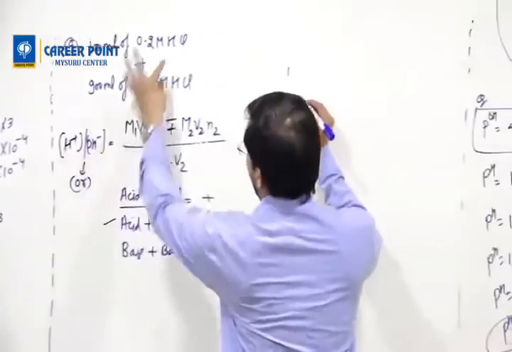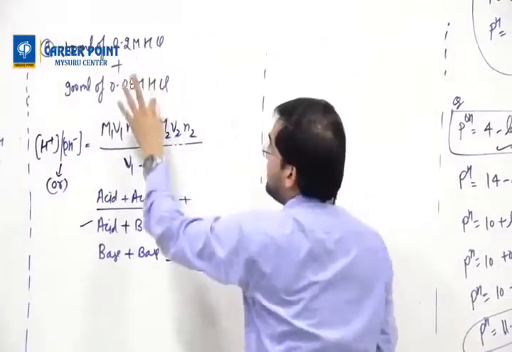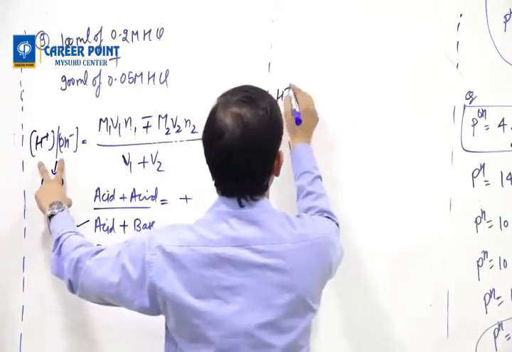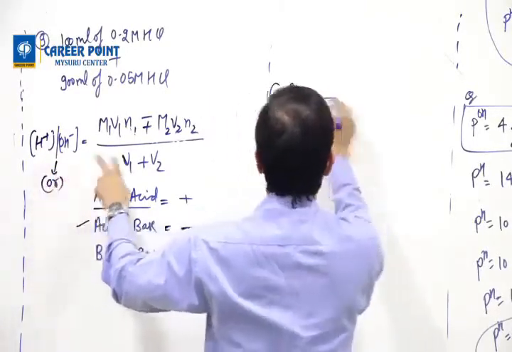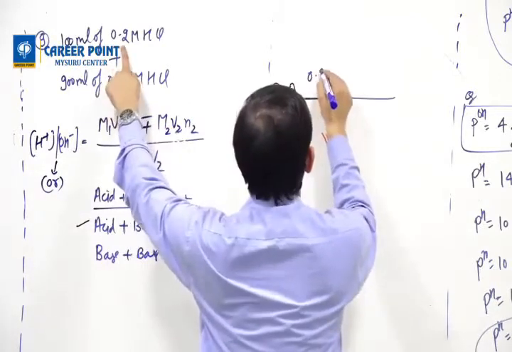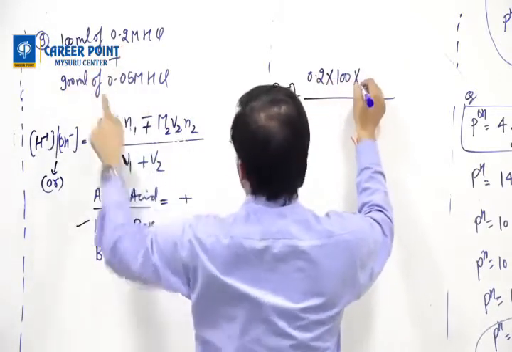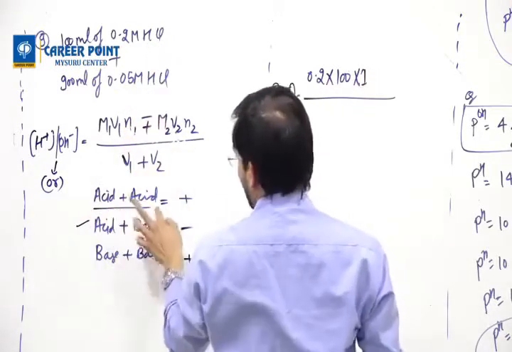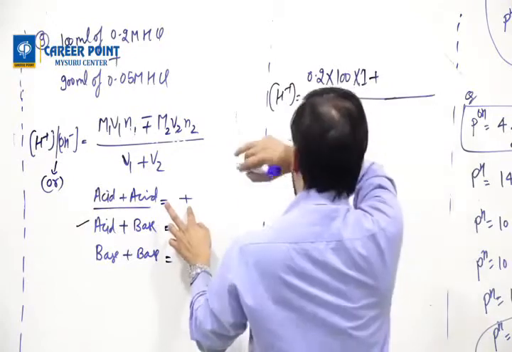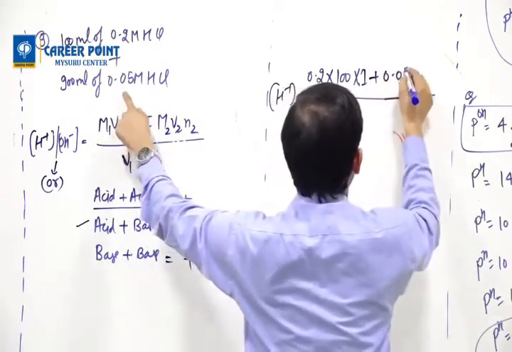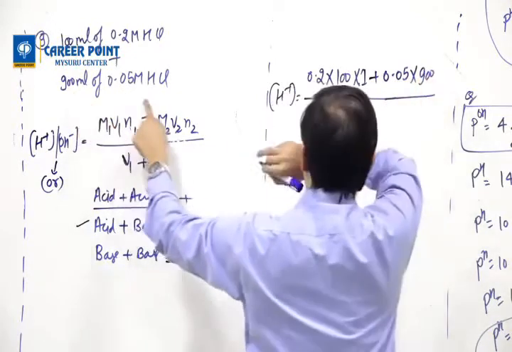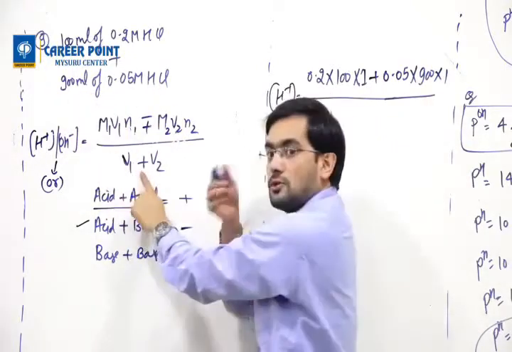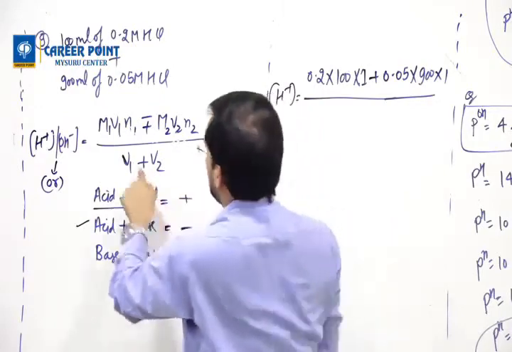So, right now I am mixing acid and acid. It means I will get an acid only, so I will choose H plus equals divided by. M1 is 0.2, volume 100, N1 for HCl, N factor 1. Acid and acid, so plus. Then 0.05 into 900 into 1, divided by V1 plus V2, this is always plus, so 1000.